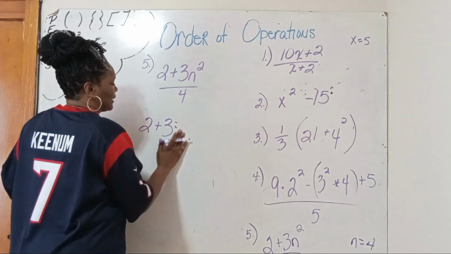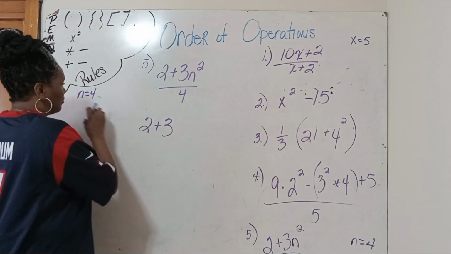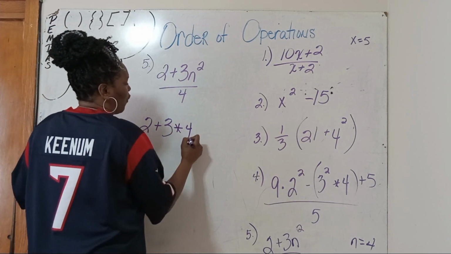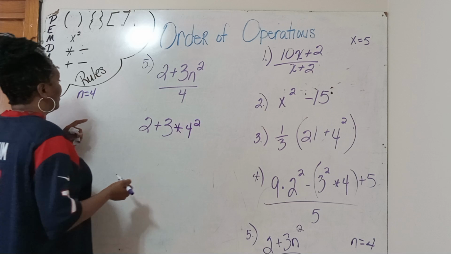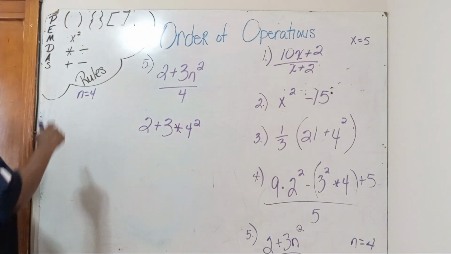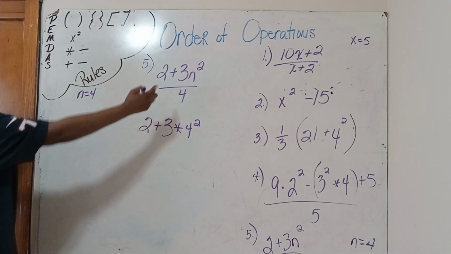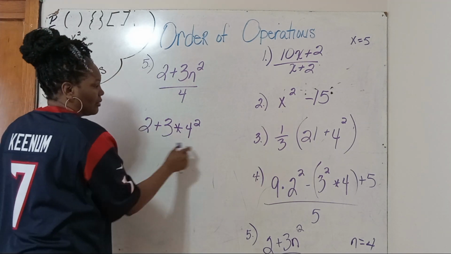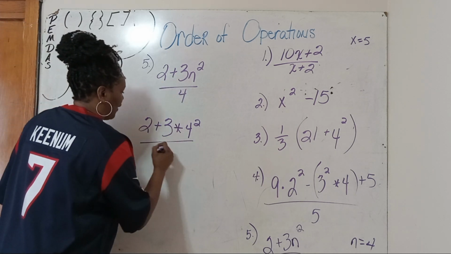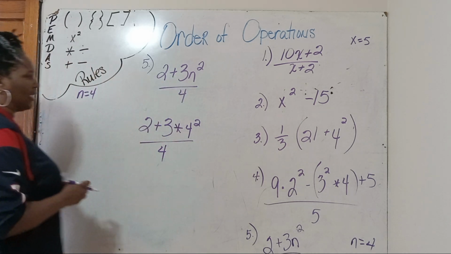No, so I have to say 2 plus 3 times 4 to the second, because n represents 4. So I just substituted the 4 for the n. I had to show what's happening here because that's a multiplication problem. So divided by 4.